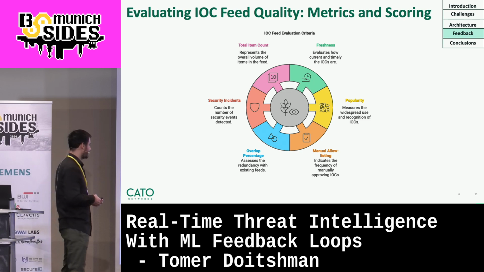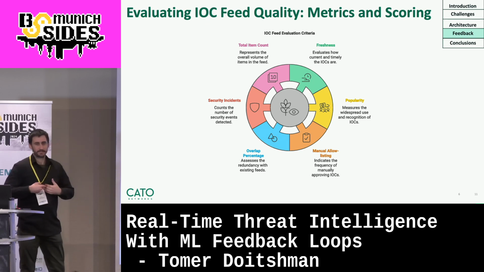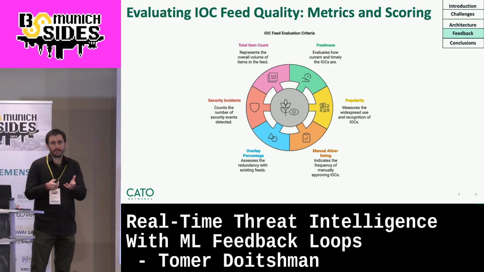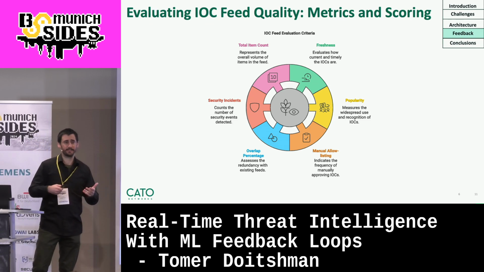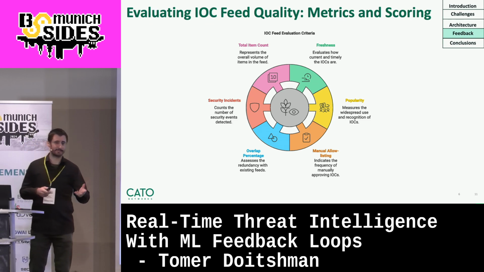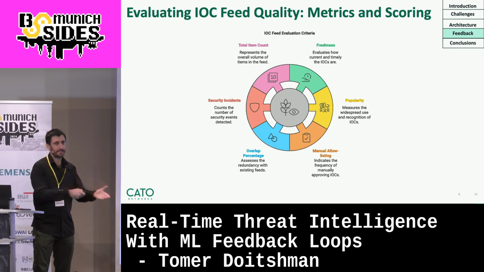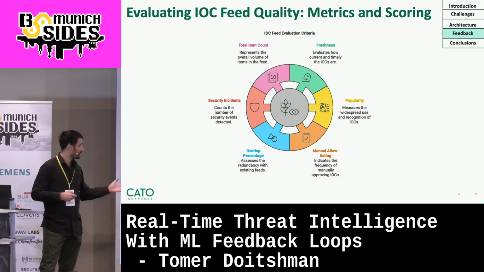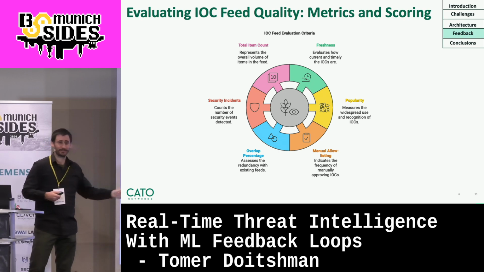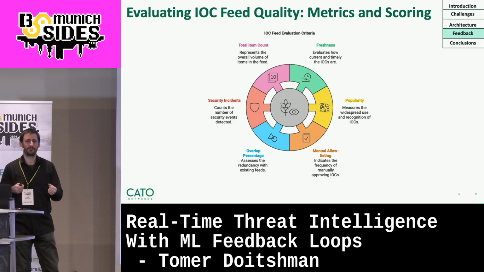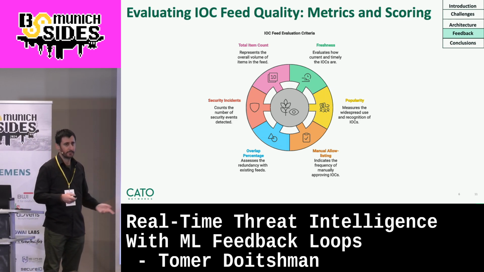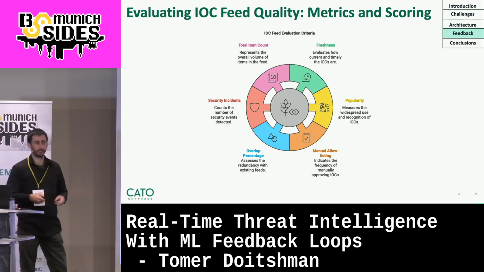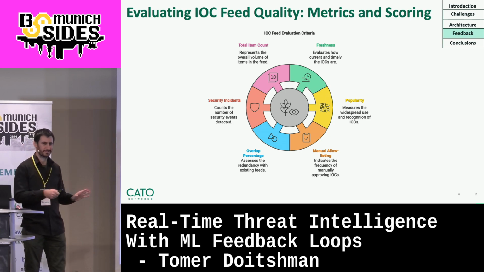The third metric is, as you may understand, a manual allow list indicator, because when customers complain, we usually insert the IOCs in their complaints into an allow list. So if we are trying to integrate a new threat intelligence feed and we see that many of the IOCs in this feed appear in the allow list, I may say, oh, these feeds are going to cause us many troubles. Let's not pay for that.